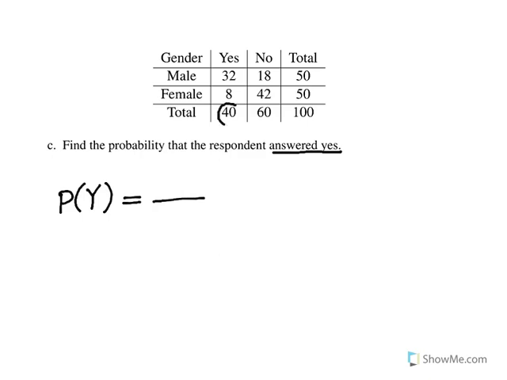We have 40 people that said yes. And what's the total number of people that participated in this survey? It's 100 people, males and females. So in this case, we will say 40 out of 100 people. And this would be 40%, which is 0.4. You can write it like this, or you can write it as 40%.